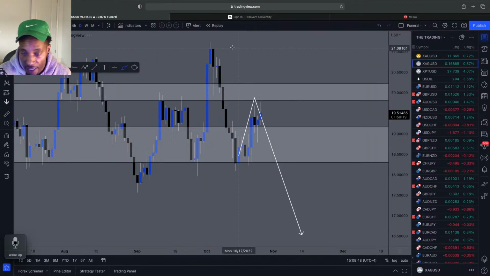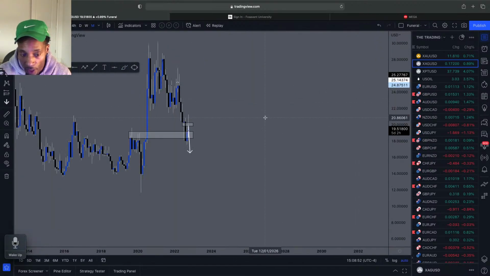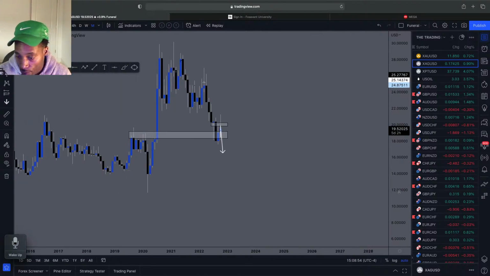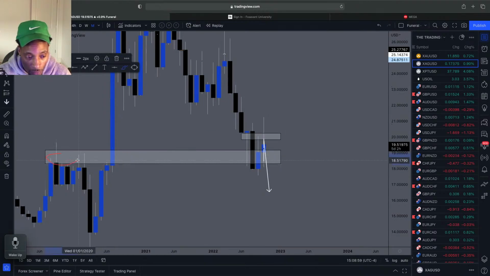Dropping down to XAG USD from the monthly time frame, what we can identify is that we have been pointing out that there has been previous structure resistance right in this area, now turned support. We came down into it one time, rejected from this area, came down into it again, rejected to the upside, creating a higher high but not closing higher.